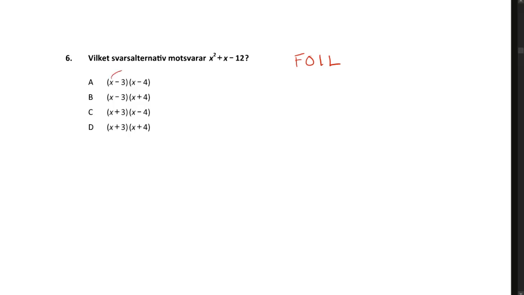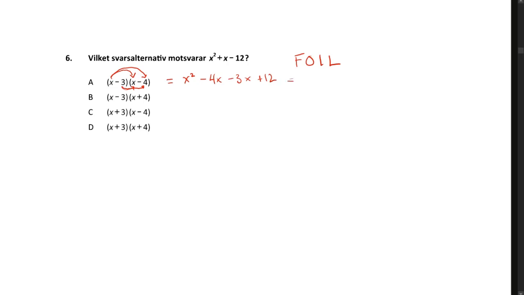So first, you can multiply the first terms, x times x, which is x squared. Then you can go outer, x times negative 4 is negative 4x. Then you can go inner, negative 3 times x is negative 3x. And you can go last. Negative 3 times negative 4 is positive 12.